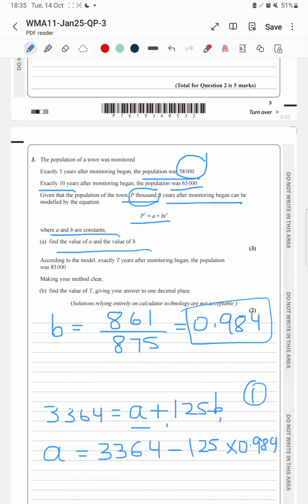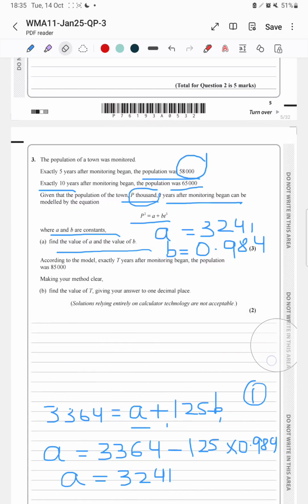That value I need to subtract from 3364. So A is equal to 3241. So this is going to be the answer for A and B. So I can write here A is equal to 3241 and B is equal to 0.984. This completes the very first part of this question.